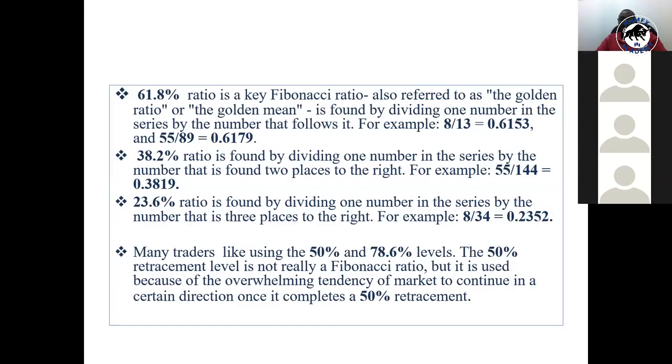Also, the 100 ratio is found in the Fibonacci ratios because it's very important in the market, and what I will explain in a few minutes will help you understand more about the 50 and the 100 Fibonacci ratios. All right, guys. So let's get back to our point.